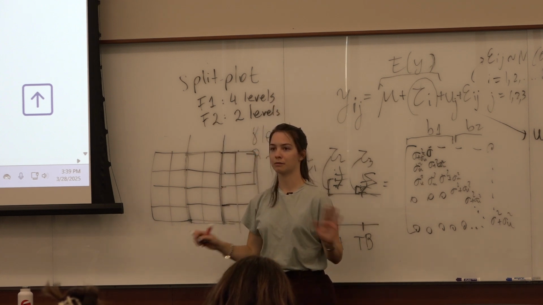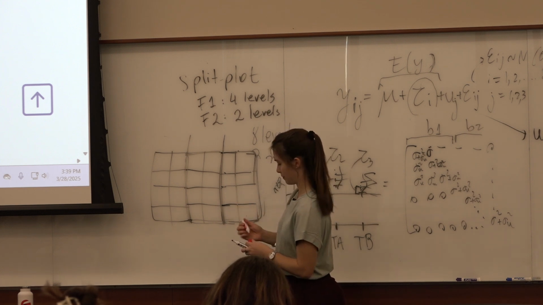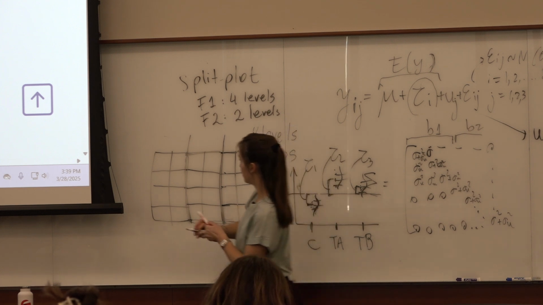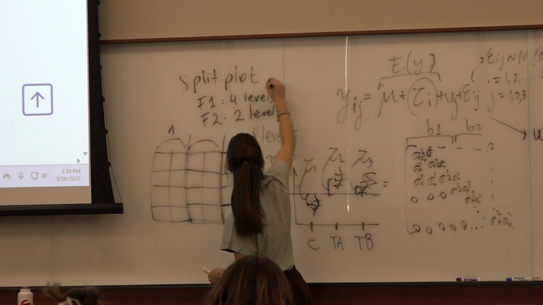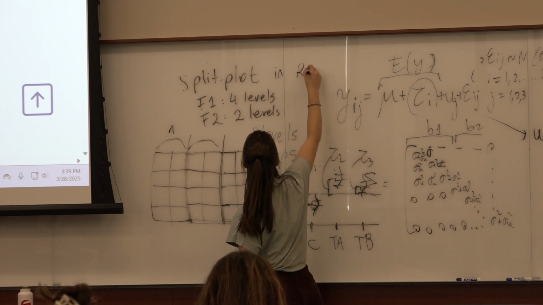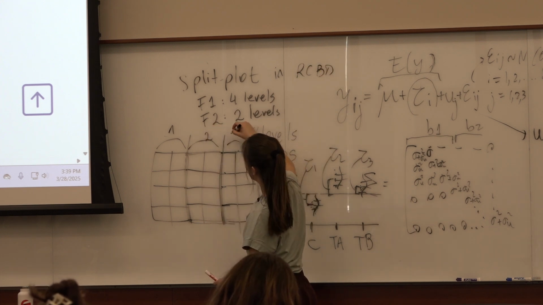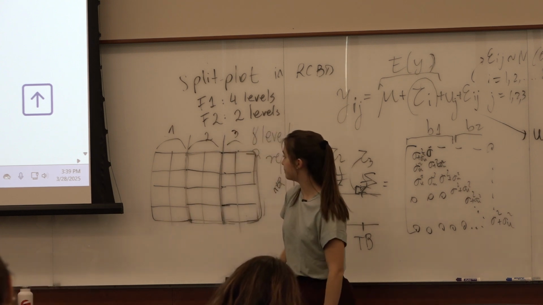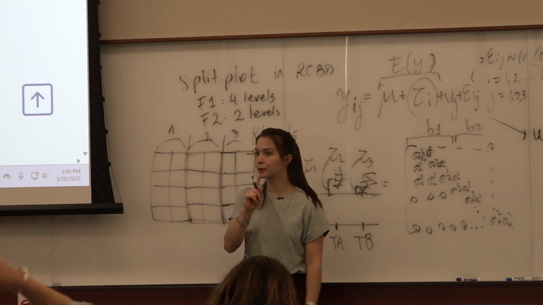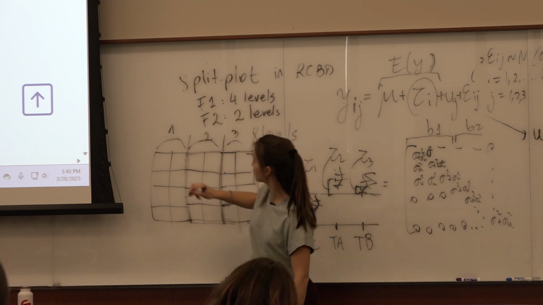And it's still a 4 by 2 factorial, right? So we have 3 blocks. This is a split plot in an RCBD because we have these 3 repetitions, right? Then, first we randomize the first factor.